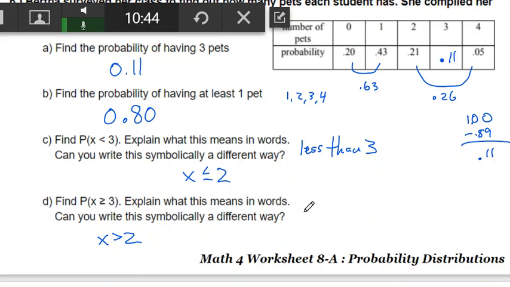All right, and this would be greater than or equal to 3. Okay.